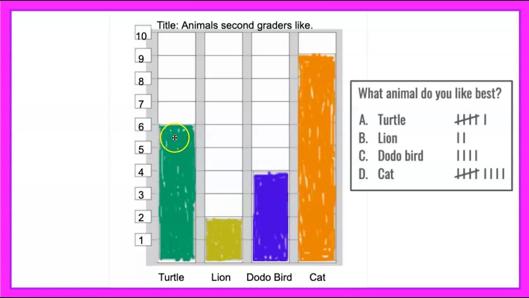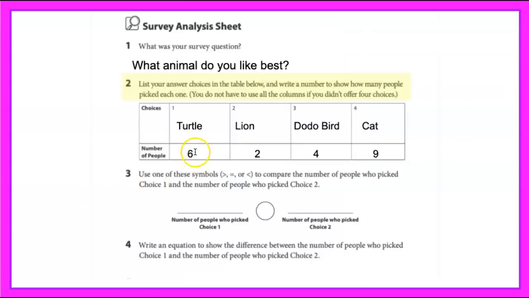So we'll look and we'll see here on our graph that we have 6 that chose turtle, 2 chose lion, 4 chose dodo bird, and 9 students chose cat. You might want to write that down on a piece of paper so you remember when you go back to your questions to fill in each number. 6 for turtle, 2 for lion, 4 for dodo bird, 9 for cat.